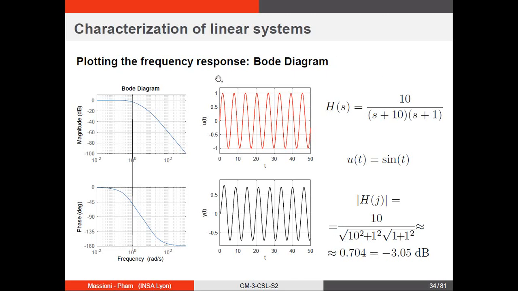So it means you have a sine at angular frequency 1 going in of amplitude 1. You will have as output a sine, same angular frequency, but amplitude of 1 times 0.7, as you can see here, and also a phase shift of 45 degrees.